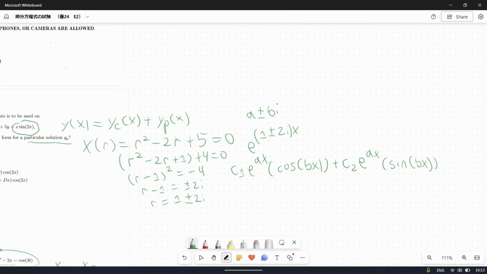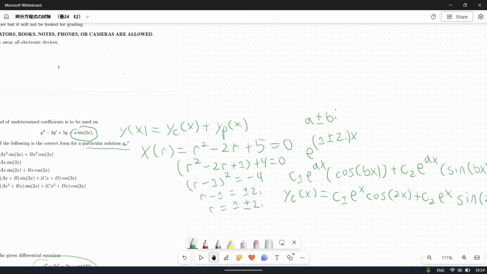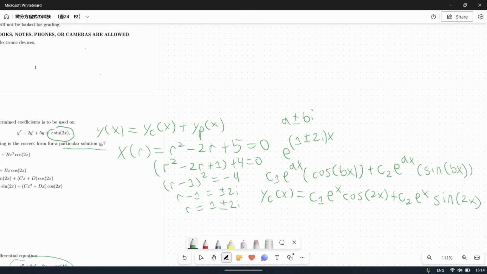And so in this case, since a is 1 and b is 2, our complementary solution for this differential equation is going to end up being that y sub c of x is equal to c1 e to the x times cosine of 2x plus c sub 2 times e to the x times sine of 2x, like this. And so now that we have our complementary solution, we can use this information to come up with a particular solution.